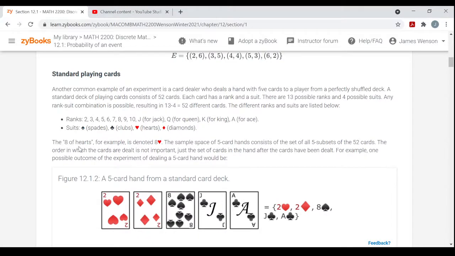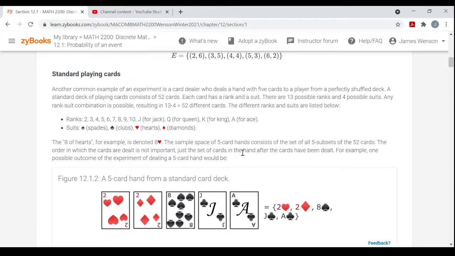So the 8 of hearts, for example, will be denoted here just with 8 and then a heart next to it. The sample space of 5-card hands consists of the set of all 5-subsets of the 52 cards. The order in which the cards are dealt is not important, as long as you have them in your hand.